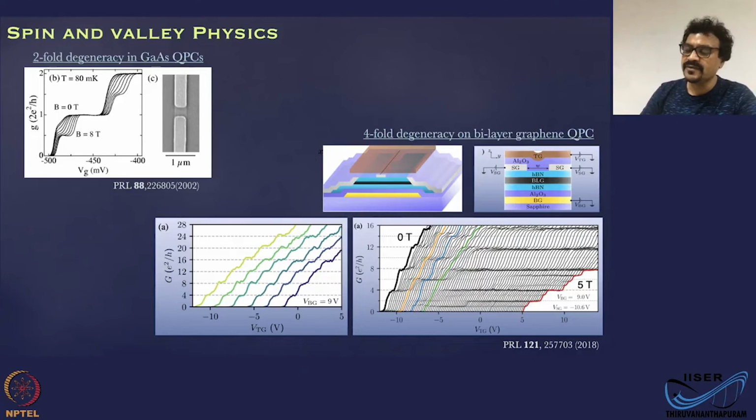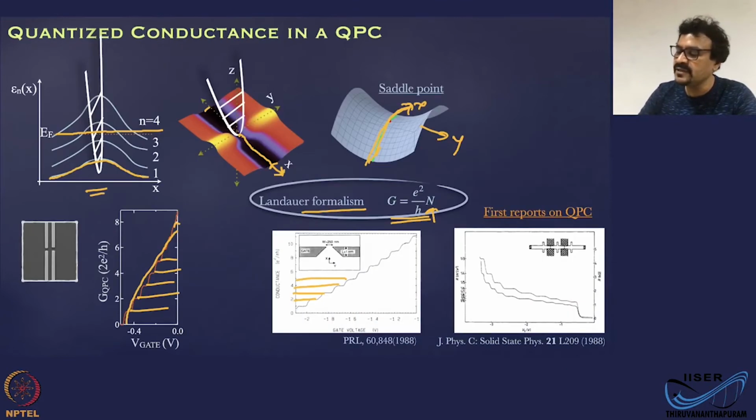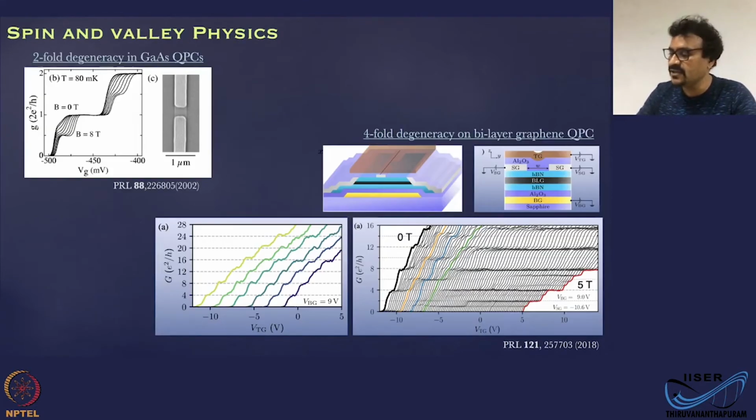So every reflectionless, ballistic, one-dimensional channel gives you e square by h for conduction. That is the conductance of the channel, given by the Landauer formalism, which we will discuss in detail. So that is the take-home message from these 2 slides.